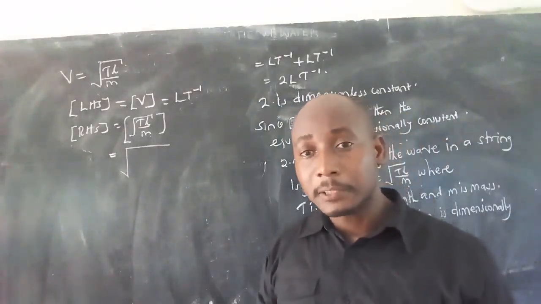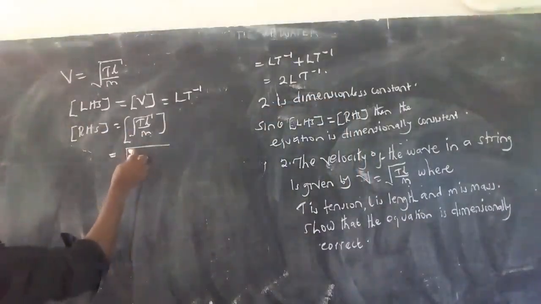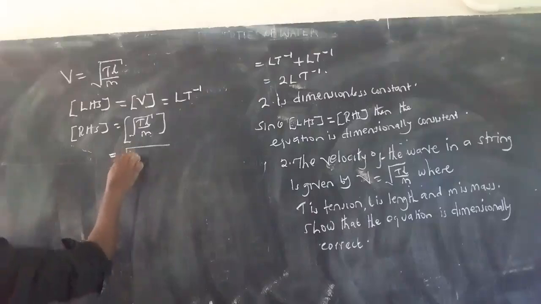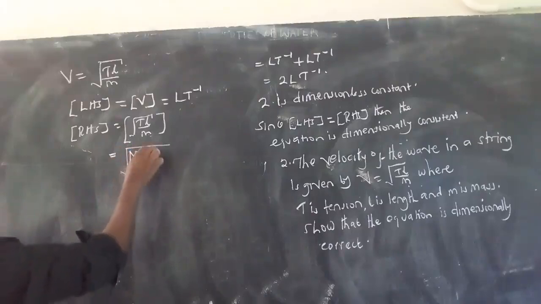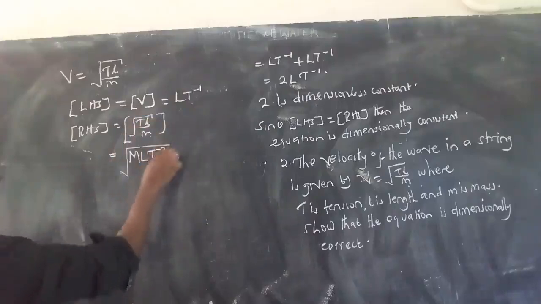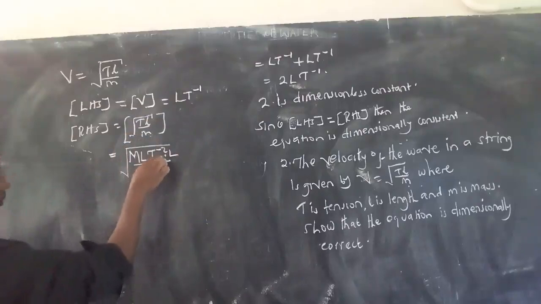Mass is kilogram, so it will become capital M. Acceleration is meters per second square. Meters is L, second square is t negative 2. Times length, which is L, divided by mass. Mass is capital M.